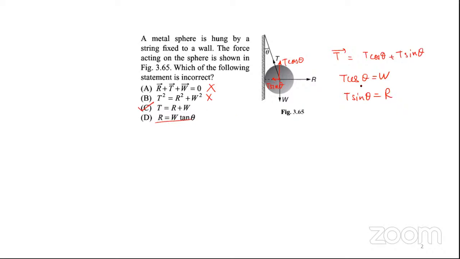And R equals W tan theta: yes, if you divide both of these equations, then you will get cot theta equals W by R, and from here you will get R equals W tan theta. So D is also a right equation, so this option will be eliminated.